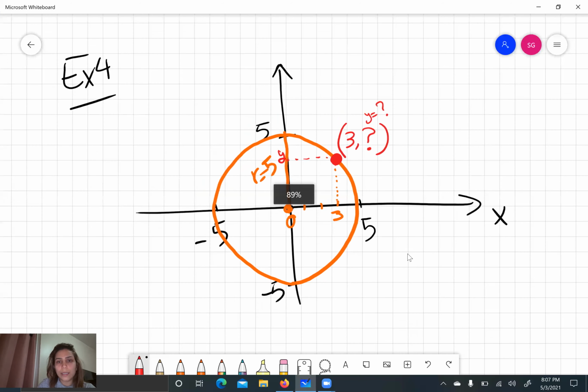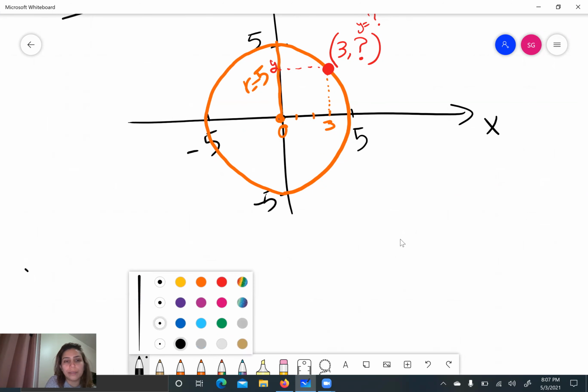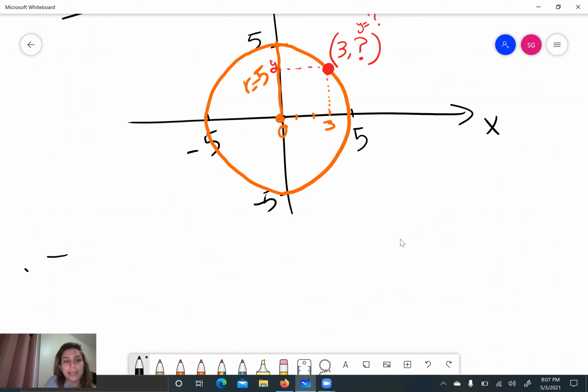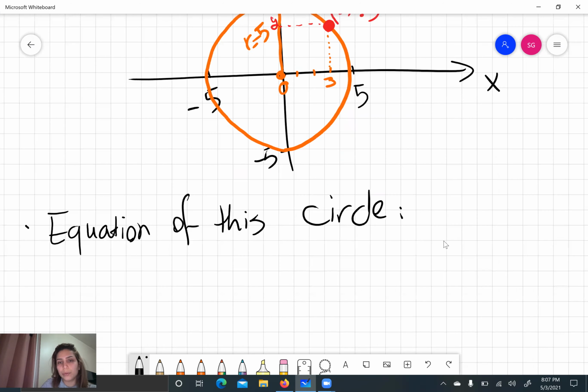So let's go back to the formula, the equation of the circle. What is the general formula for the equation of a circle?